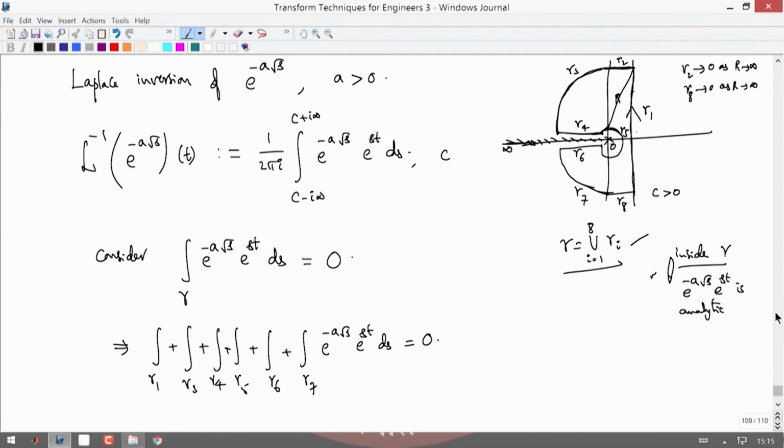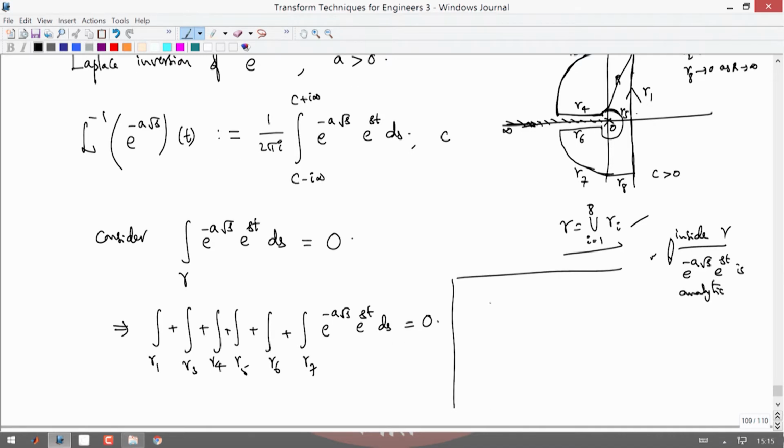So, let me calculate it over gamma 3. What happens over gamma 3? Let us look at it in this gap, I will write everything. Integral over gamma 3. What is gamma 3? Gamma 3 is a curve.